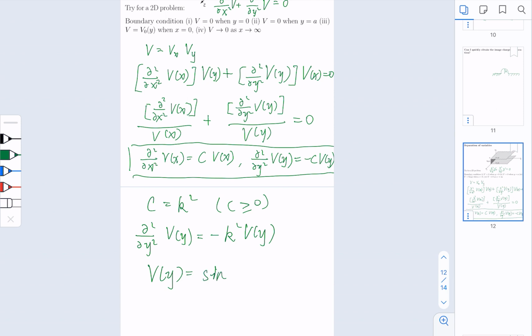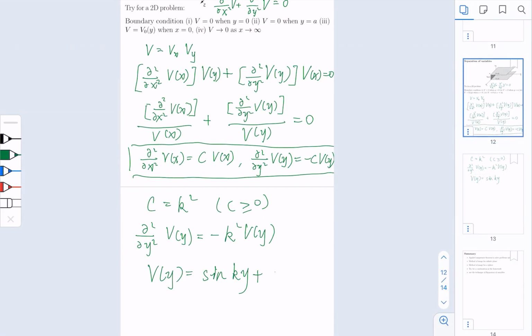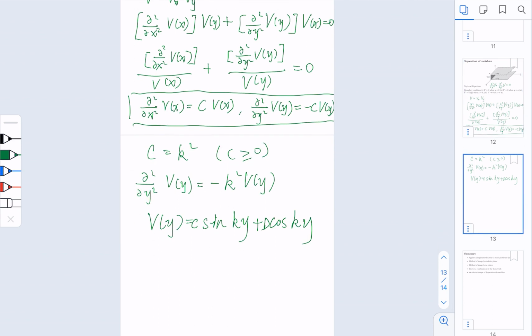It should be either sine ky or cosine ky, with coefficients, let's say C and D. Here I use again the same symbol C, but you should not be confused: this C is an arbitrary constant.